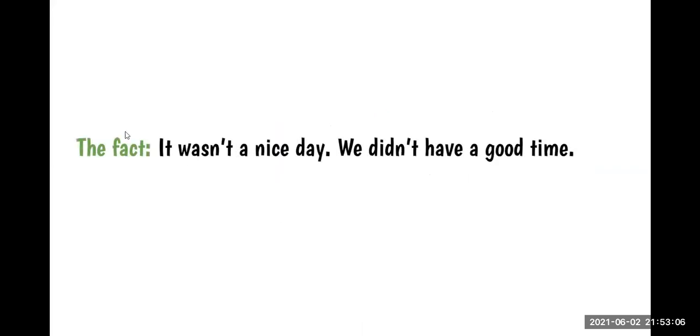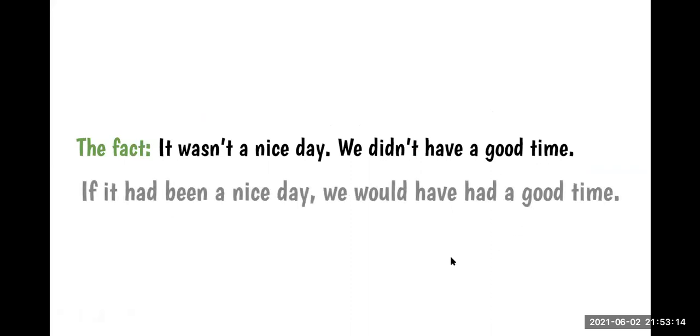Let's see some examples. Here we have the fact. It wasn't a nice day and we didn't have a good time. So here we have the conditional sentence. If it had been a nice day, we would have had a good time. Okay, so this is the conditional sentence.